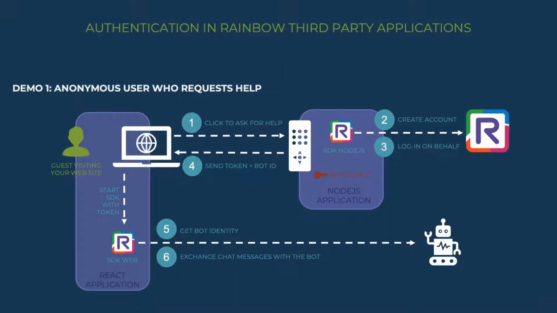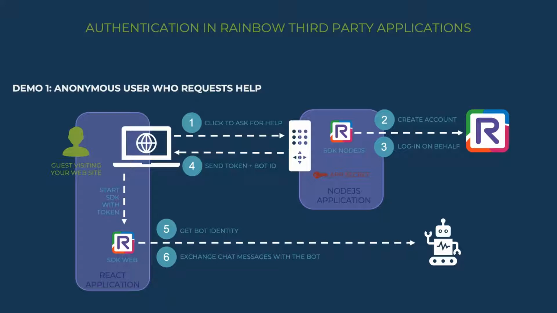So let's start with the first demo. And in order to keep it simple, I chose the following scenario. Imagine a user visiting your website and asking for more information on the product. You need a way to connect this visitor to a bot or an agent who will answer the question and so help that user. In that demo, he will discuss with the bot.